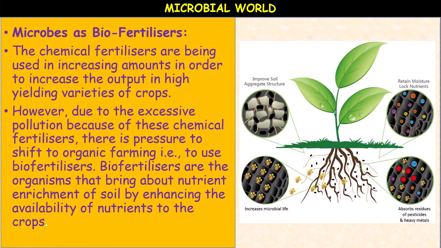Okay, to overcome this, nowadays organic farming has been introduced, which uses biofertilizers. The biofertilizers are the organisms that bring about nutrient enrichment of the soil by enhancing the availability of nutrients to the crops. Okay.